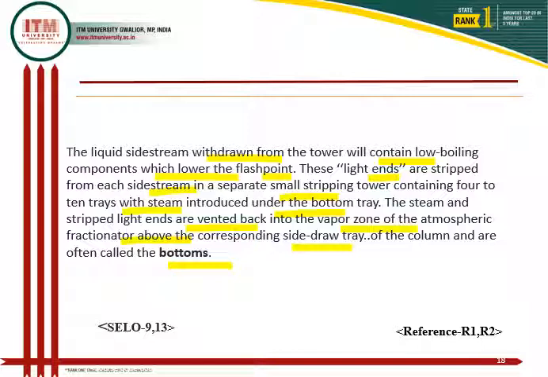So they go for separation of the lighter components to the top of the column, and the rest is finally called the bottom, which cannot be separated and is finally sent to the vacuum distillation assembly. So each side stream has a specific process to carry out the separation of the lighter fractions from the heavier fractions.